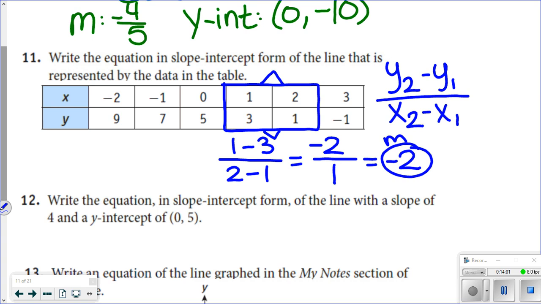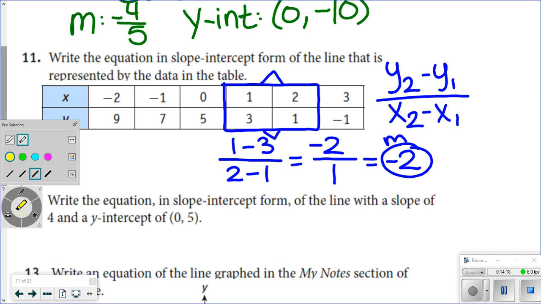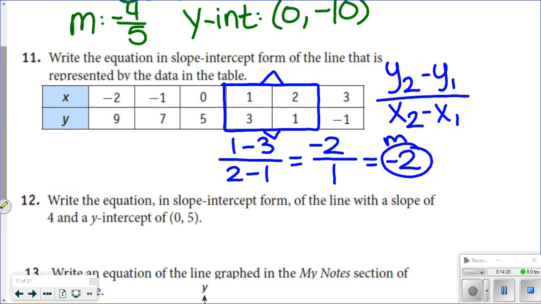But what are we missing? y equals m, which is negative 2, x plus b. We're missing our b value, which is our y-intercept. Remember, when we're looking at a table, it occurs when x equals 0. So notice it's right here.